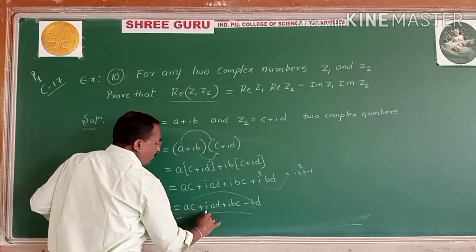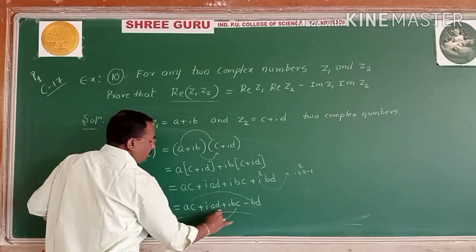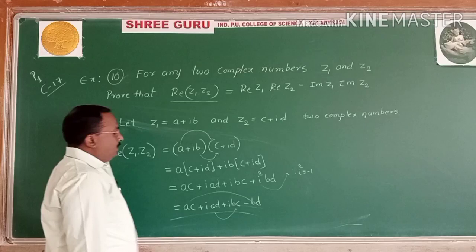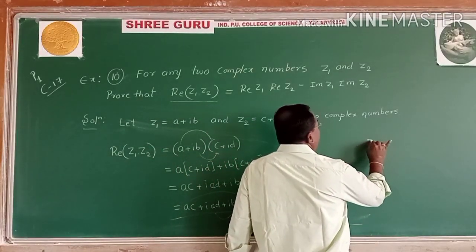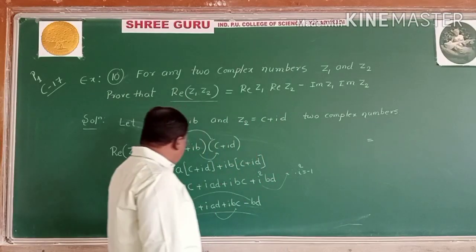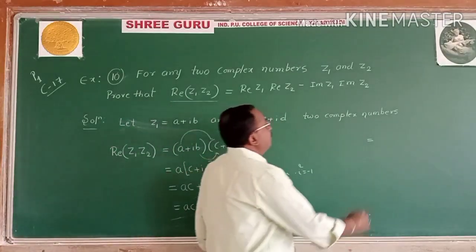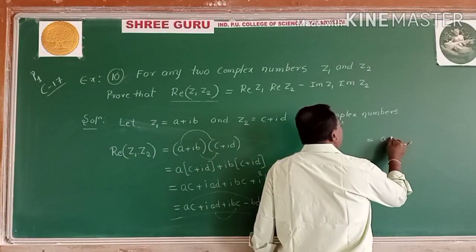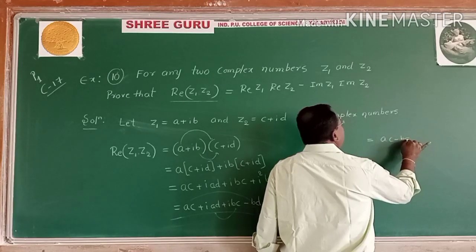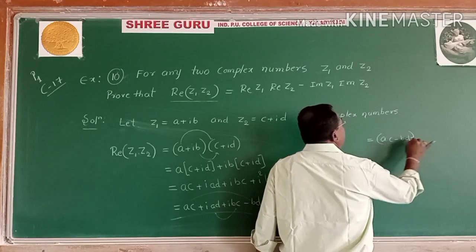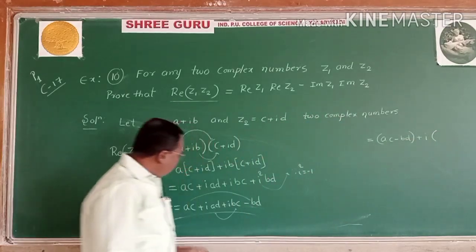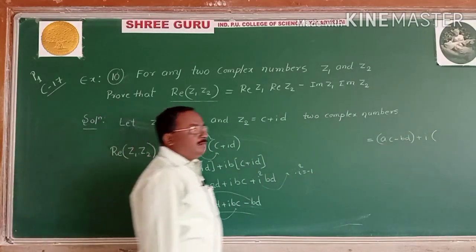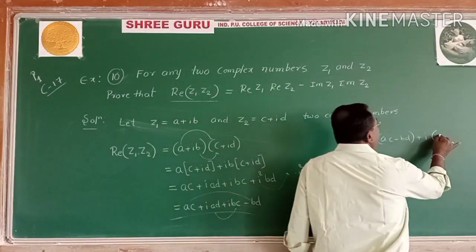Real one side, imaginary one side. It is here equal to real, ac minus bd, this is real, plus i times of imaginary, that is i taking common, ad plus bc.